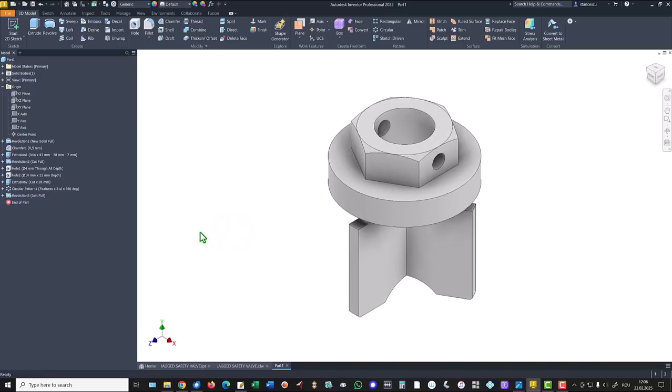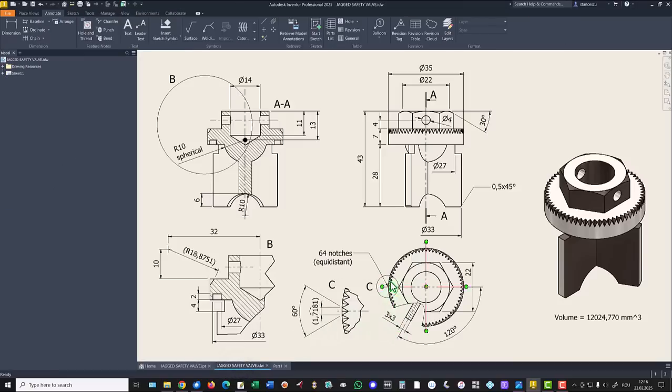Okay, this is the result. Now we have to create these notches, 64 notches equidistant, and we want them to be connected.